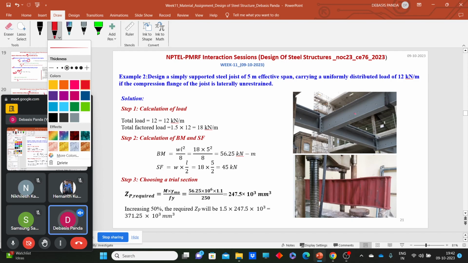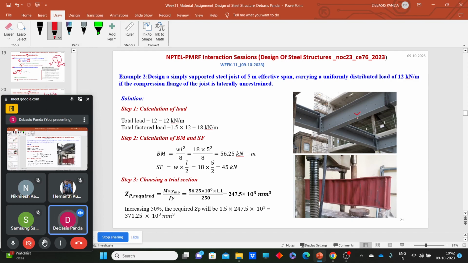Here we can see that part also. Now, a 5-meter effective span, carrying a uniformly distributed load of 12 kilonewton per meter. If the compression flange of the joist is laterally unrestrained, then design the beam.